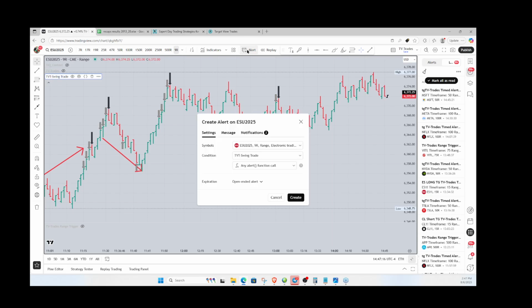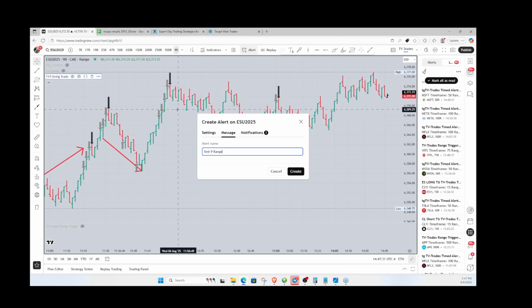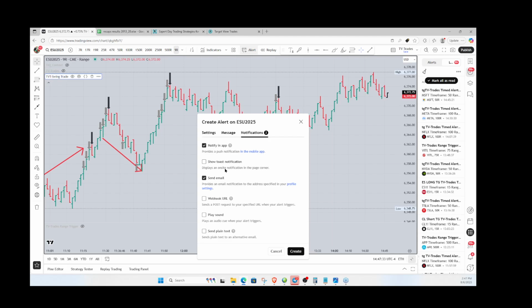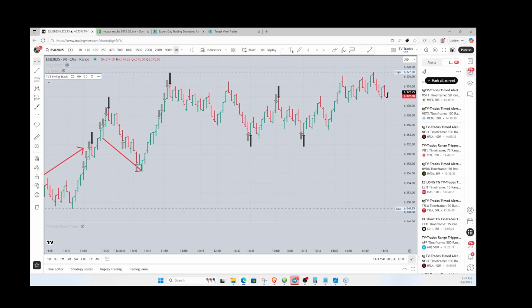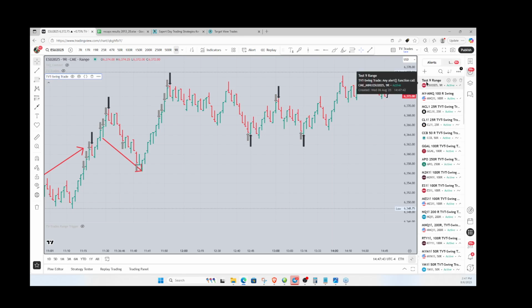And then come up here and say alert and do the swing trade, do any function call, and we'll do just 9 range. Okay, in notifications we want to have that. We want to show toast notification, and we'll play a sound, so I'll hear it. Okay, I'll hit create. So when I do that, it shows it right over here in my test 9 range.